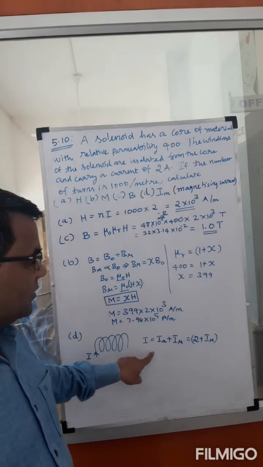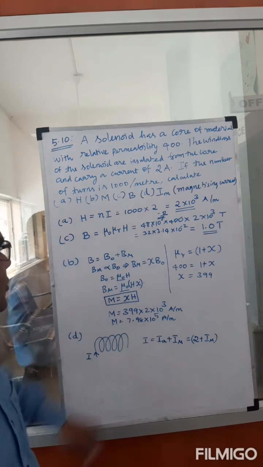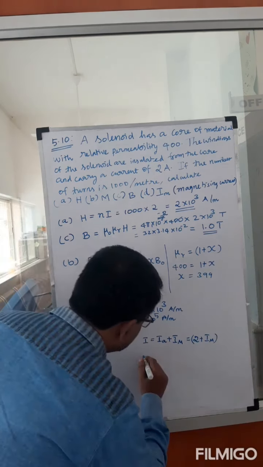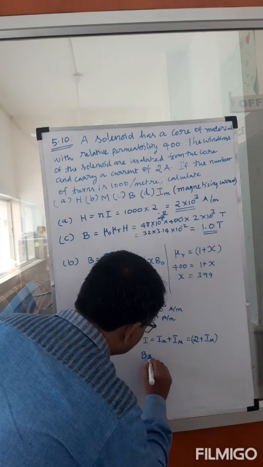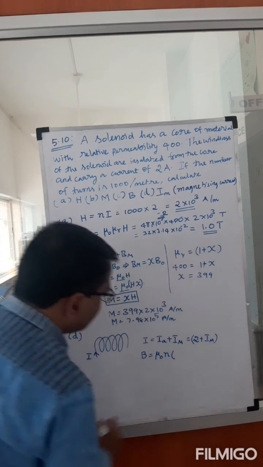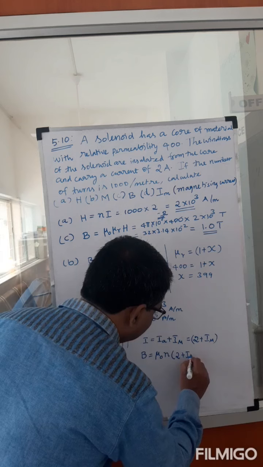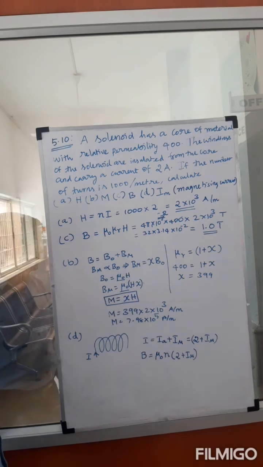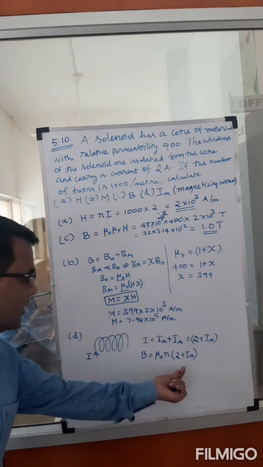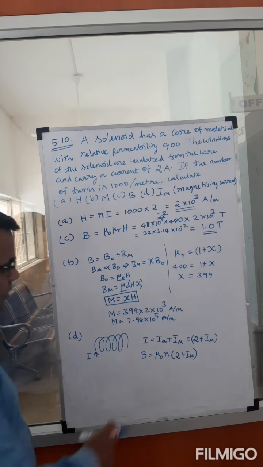So this current should produce my B. My B is equal to mu naught n into this I, which is 2 plus Im. This is the current I should be passing to have the same magnetic field.